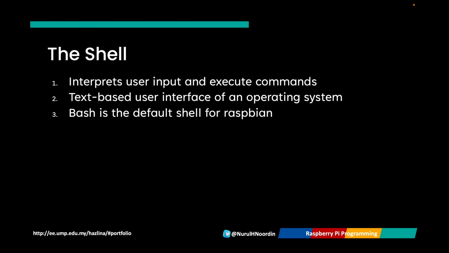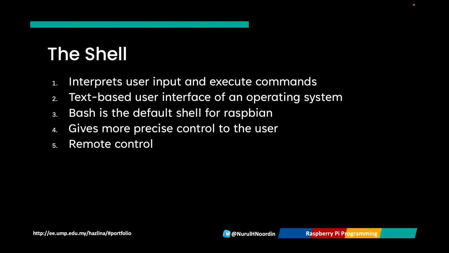Bash stands for Bourne Again Shell and is one of the most widely used command line interfaces in Linux. Using the shell gives users more precise control over the system, whether managing files, configuring networks, or automating tasks.